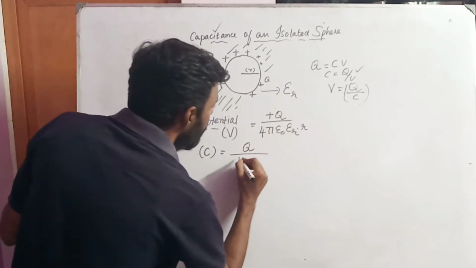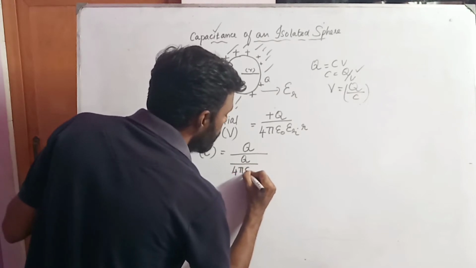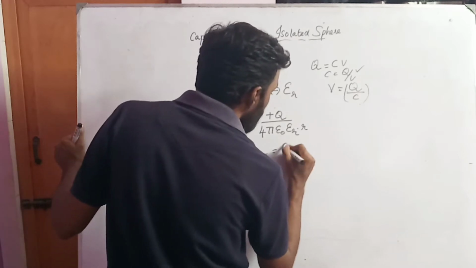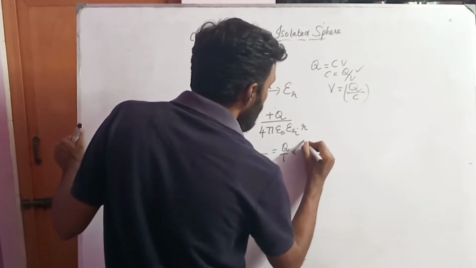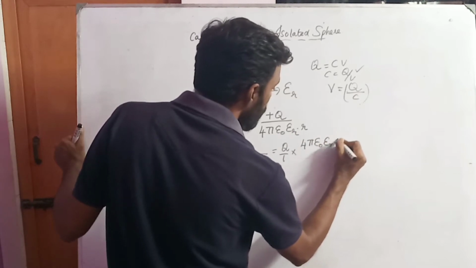So that is nothing but Q divided by 4 pi into epsilon naught into epsilon r into r.